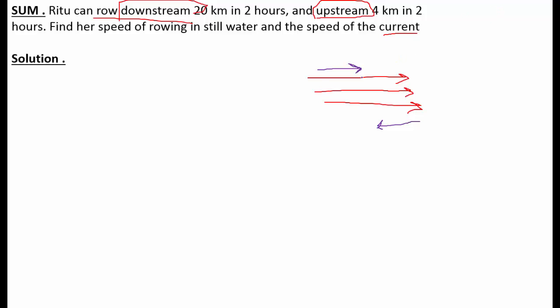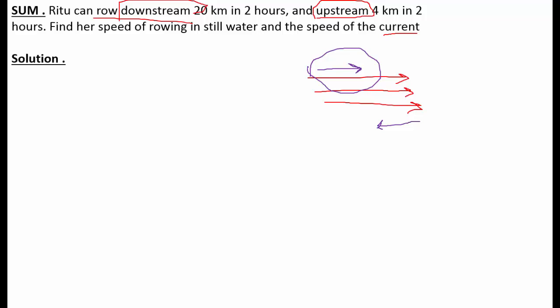Now you know that if we swim in the direction of water, then our speed will be added, because first we are swimming with some speed and second water is moving in the same direction with some speed, then our effective speed will be the sum of these two speeds. But for the opposite direction, that is upstream, this will be minus.